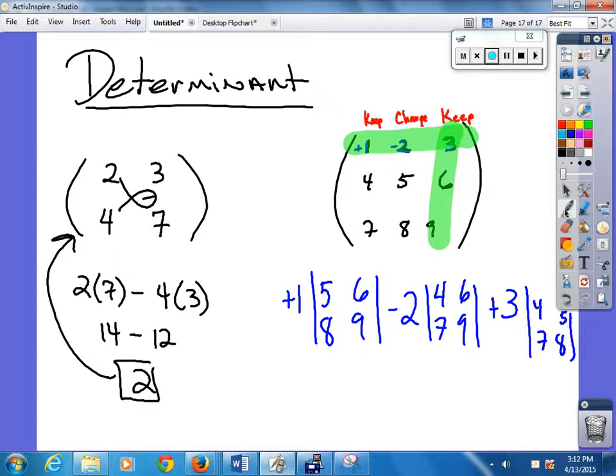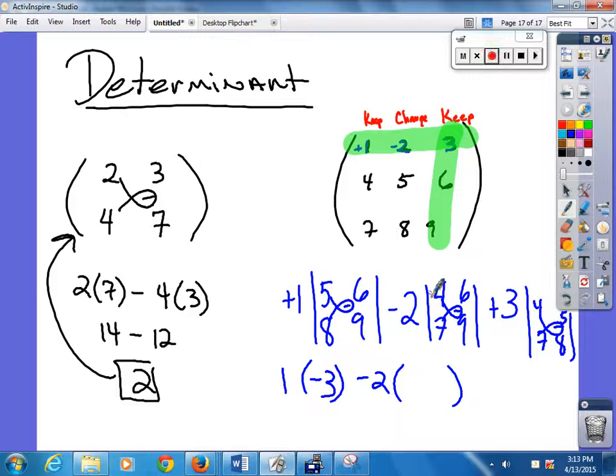So, fish, mouth, fish, mouth, fish, mouth. What's 5 times 9? Minus 48? Yeah, maybe 3. What's 4 times 9? Minus 42?